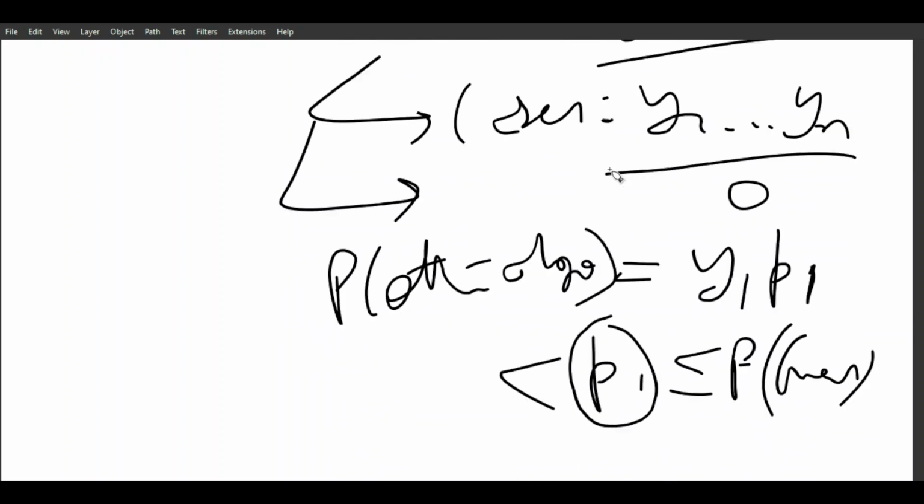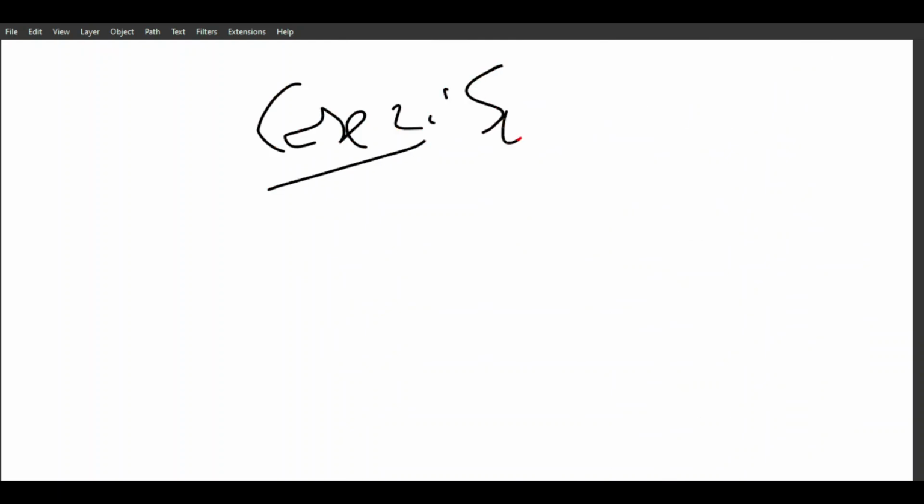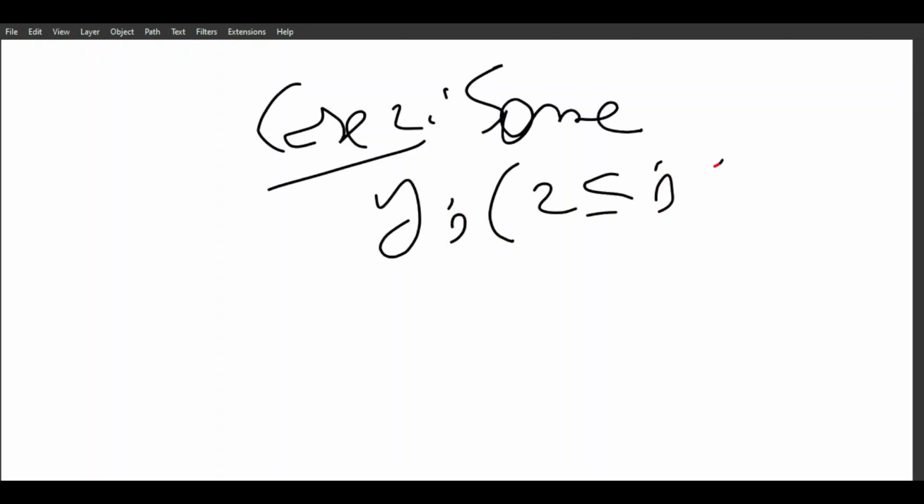Now the general case, we use the exchange argument. Case 2 is when some yj, where j ranges from 2 to n, is greater than 0.